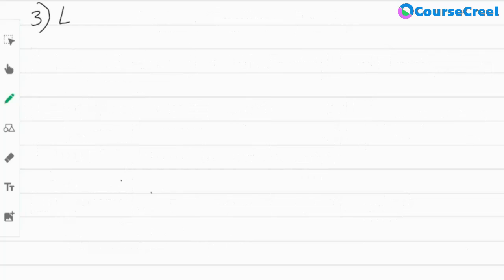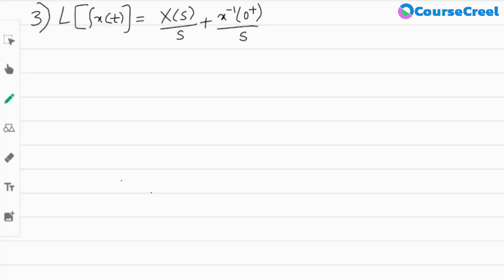And the third property is the integral property of Laplace transform. Laplace transform of integration of x of t, that is integration of the time domain function, is x of s by s plus x inverse of 0 plus by s. Here x inverse of 0 plus is nothing but the integration of x of t at t equals 0.